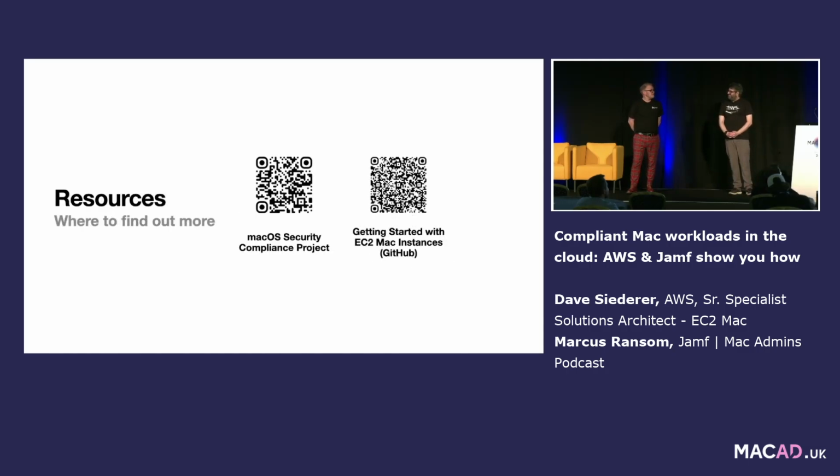So we do have some resources here as well. If you want to find out about how to do this in your environment, I found especially the Getting Started with EC2 guide has some great video walkthroughs, the scripts, everything you need to be able to get this working with your device management tools as well. And also a shout out to the macOS Security Compliance Project.